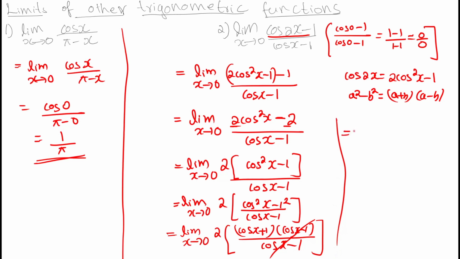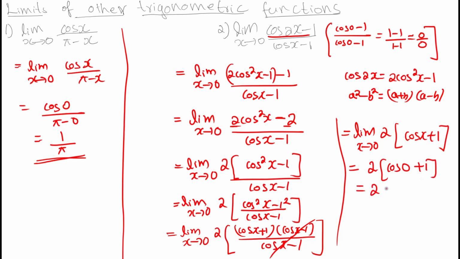It's equal to limit x tending to 0 of 2 into (cos x plus 1). Substitute the limits. It's equal to 2 into (cos 0 plus 1). So it's equal to 2 into (cos 0 is 1, plus 1), so 2 into 2, it's equal to 4. So 4 will be the required answer.